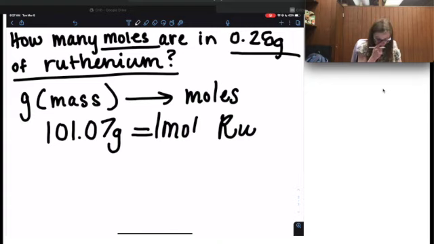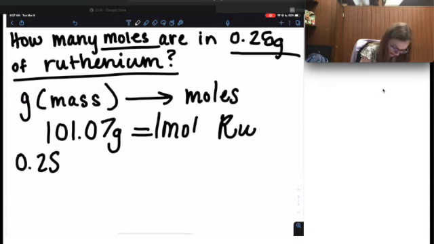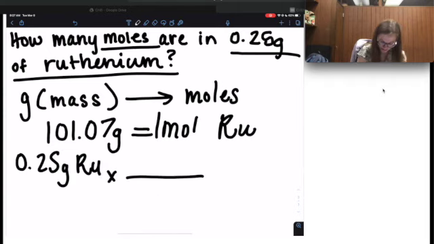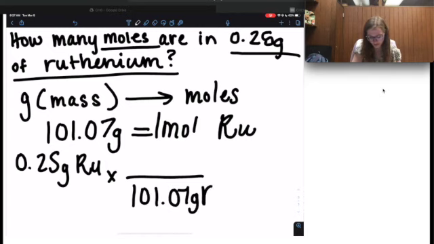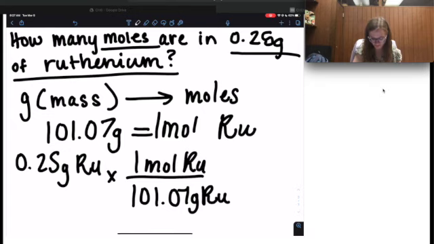So let's go ahead and use the information we have to solve the problem. If I have 0.25 grams of ruthenium, and I know that I have 101.07 grams for every 1 mole, I want to make sure I'm setting this up so my units cancel out. So I would have 101.07 grams of ruthenium on the bottom for every 1 mole of ruthenium, which I'll put on the top.